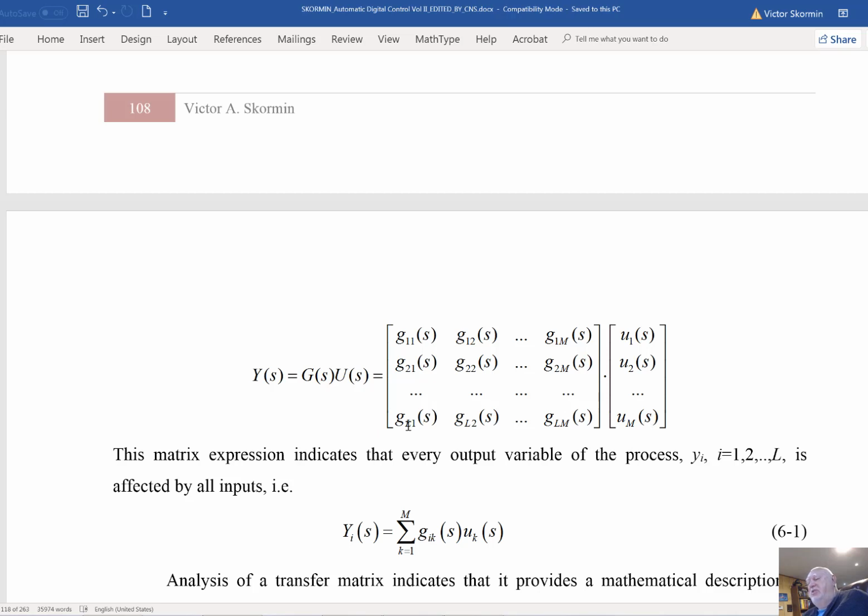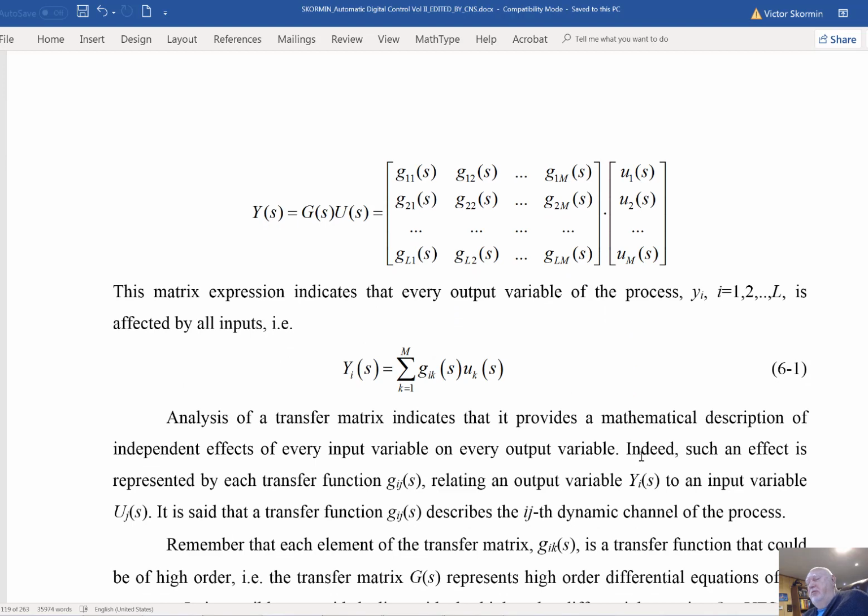When I say on the system, I mean every single output variable of the system. Okay? And if I'm looking at the row, then this row describes how input number 1, input number 2, input number M affect a particular output, in this case, output Y1.